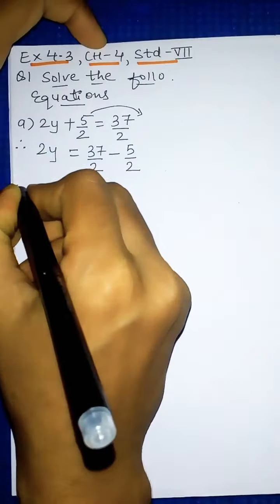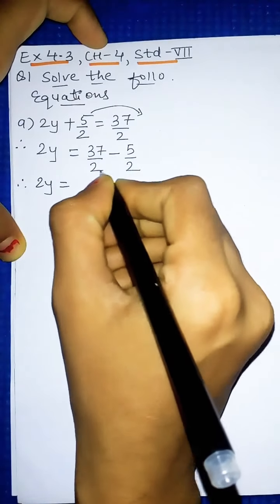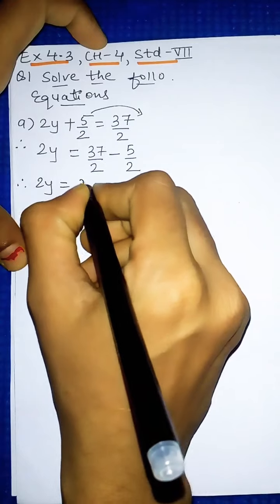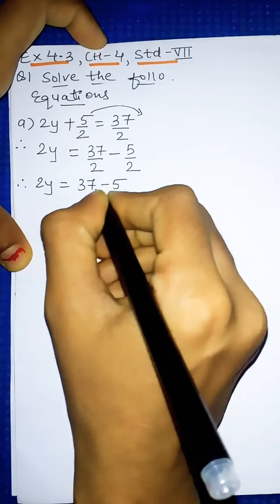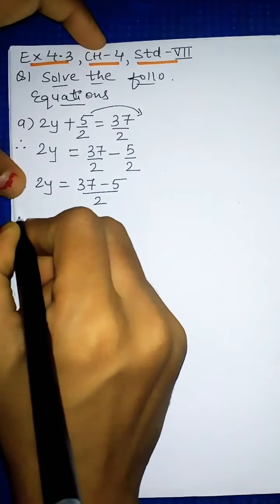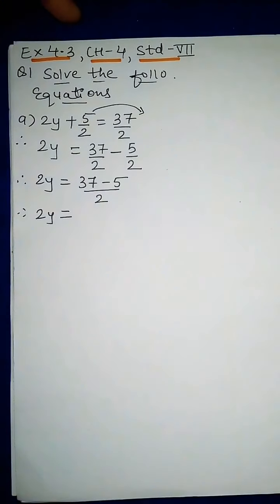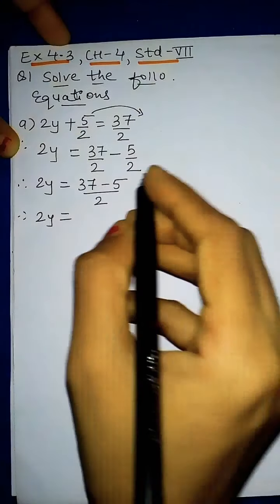Now the first step is done. This we have taken to that side. Now we will solve it. So 2y equal to, now the LCM is the same, 2 and 2. These are like fractions, so directly we can subtract: 37 minus 5 whole upon 2. So 2y equal to 37 minus 5, which gives 32 upon 2. 7 minus 5 is 2.